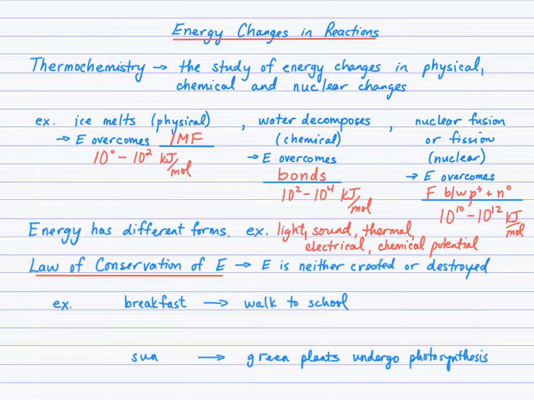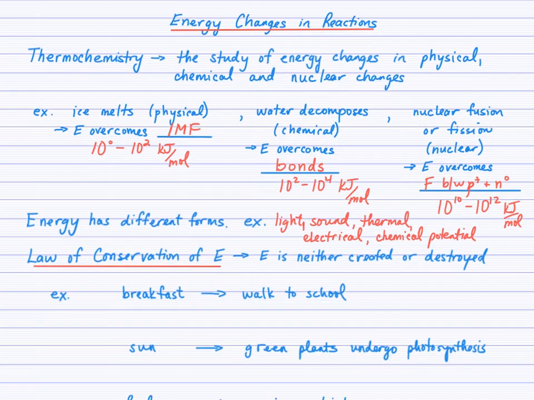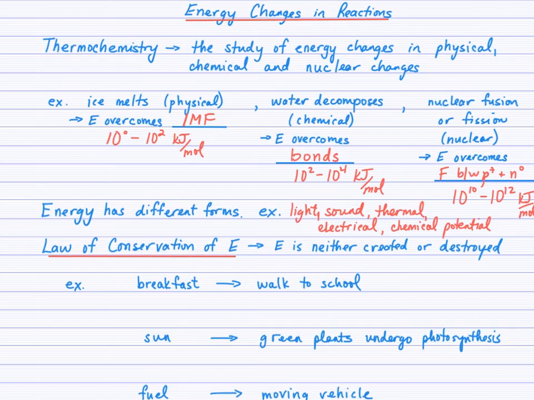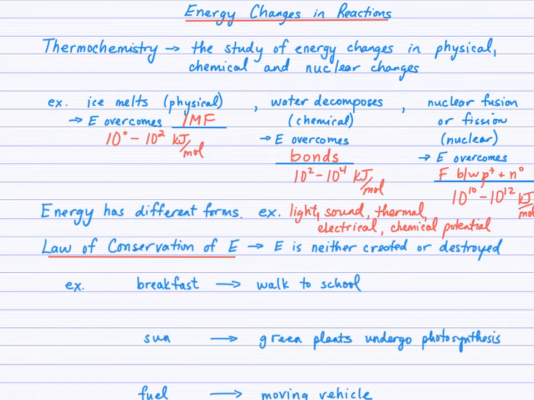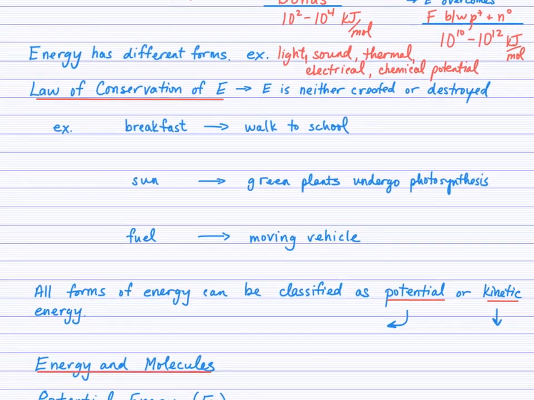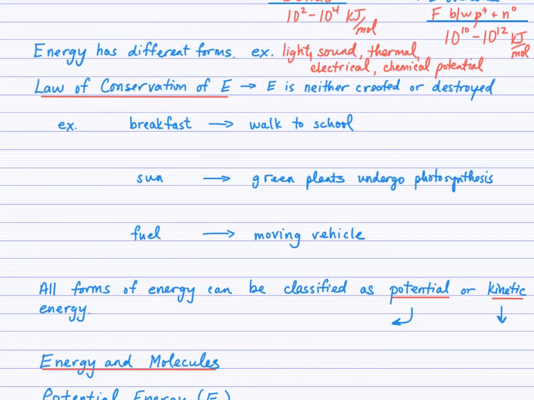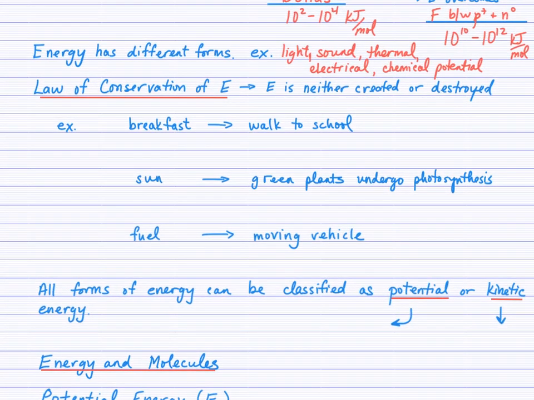Now, the first law of thermodynamics, or this study of energy changes, is that energy is neither created nor destroyed. So energy will just change form as opposed to be lost or created. So here's some examples. You eat your breakfast and then you walk to school.